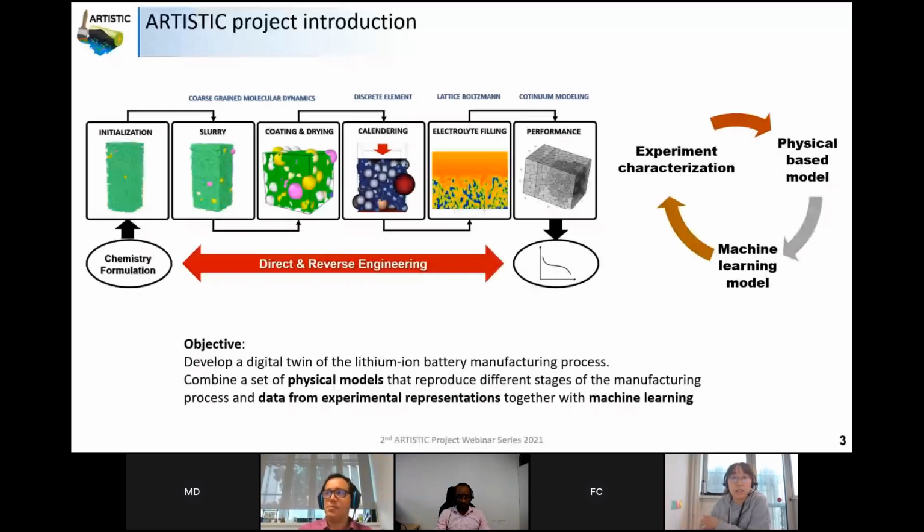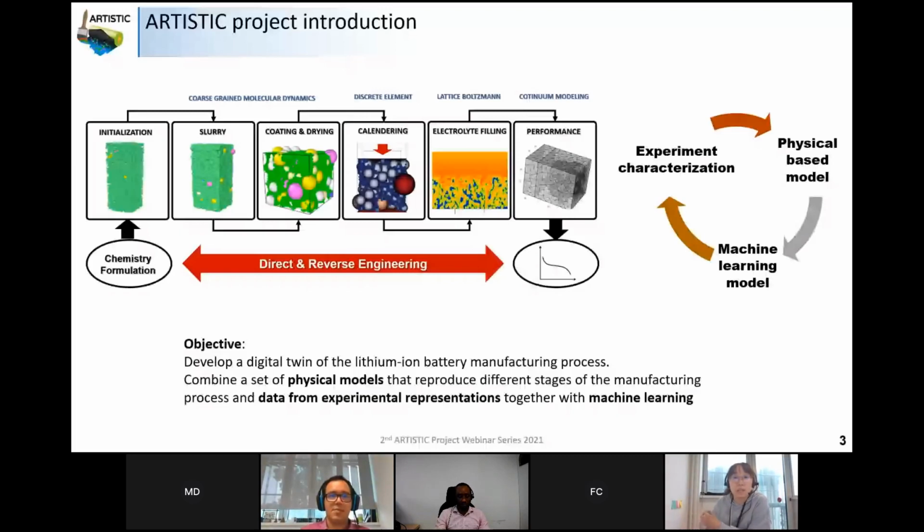Supported by the experimental data, the coarse-grained molecular dynamics model, the discrete element model, the lattice Boltzmann model, and continuum modeling are used to simulate the slurry preparation, coating and drying of the electrode, calendering, the electrolyte filling process, and the battery electrochemical performance.